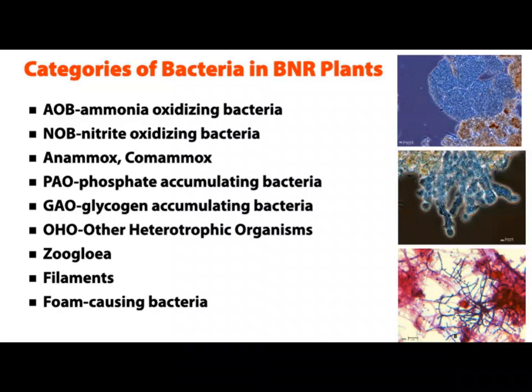PAOs and GAOs. Now these are additional silos that we're actually watching in these segments. And remember this sample of mixed liquor that I'm holding up, if you can slice it up, is going to have all of these pieces in here. We're just showing you that what the data analysis has found is actually in there. So PAOs are the phosphorus accumulating organisms.